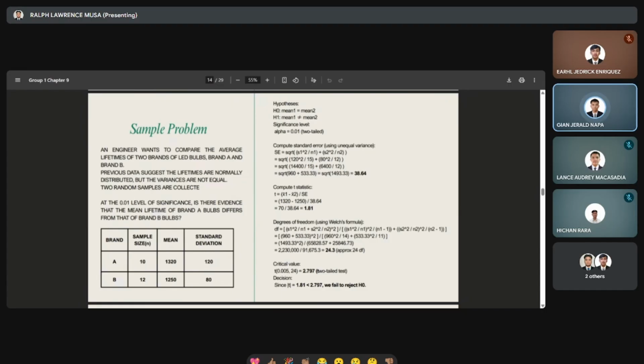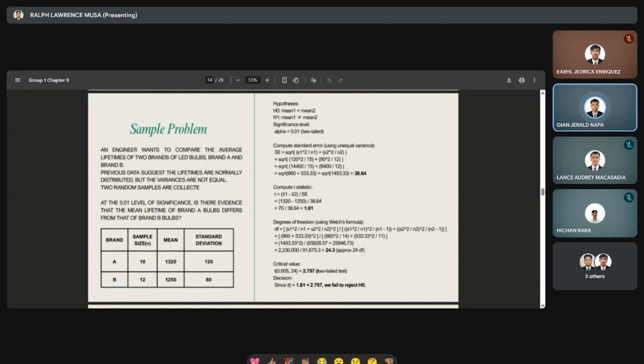We can now find the critical value. The level of significance we use for the critical value is always 0.05. After using 0.05 and 24, we have a critical value of 2.797.